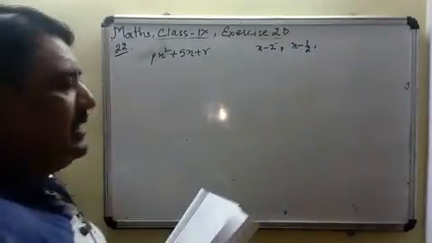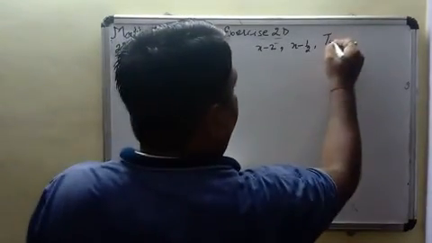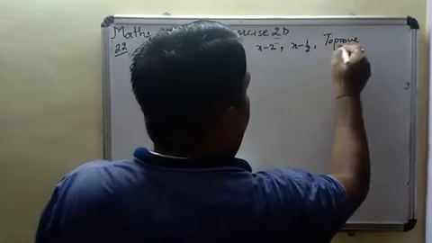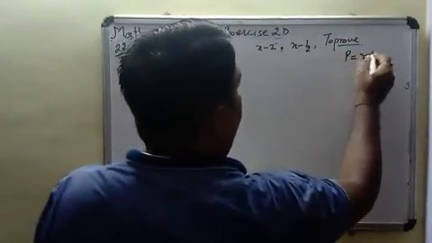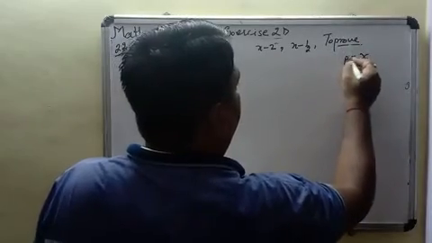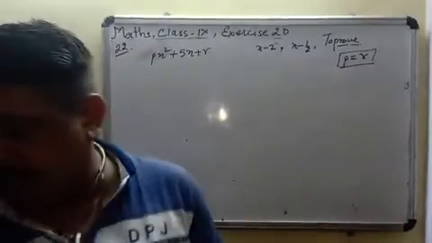These two are the factors and we have to prove that. To prove, क्या prove करना है? p equals to r. p और r दोनों ही बराबर है. p equals r we have to prove.